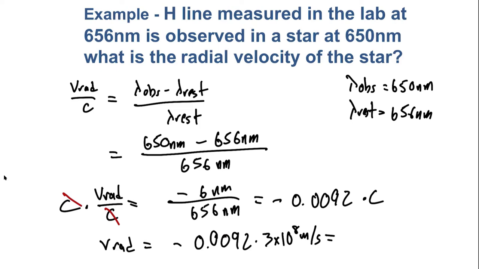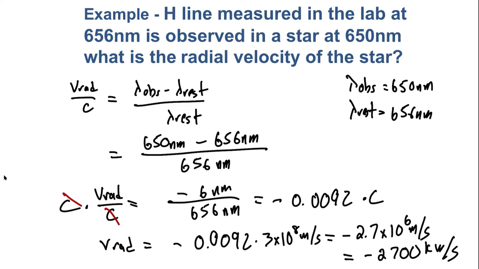If you multiply those two numbers together, you get negative 2.7 times 10 to the 6 meters per second. Or if you'd like to convert this to kilometers, just divide by 1,000: negative 2,700 kilometers per second.